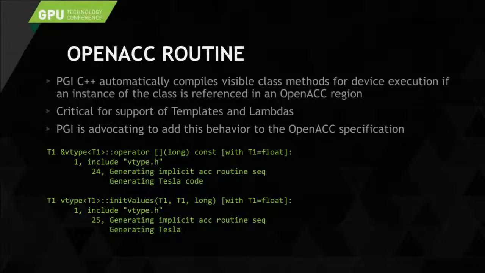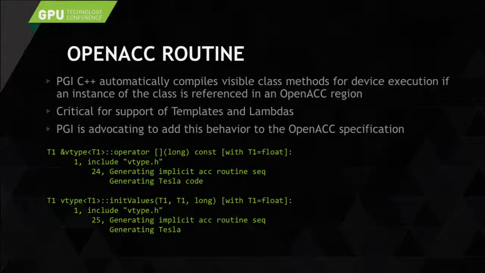One of the convenience things that the PGI compiler does, this is not expressed in the standard itself, is that if we see that you are calling a function from within a compute region in your class, and we have visibility to the definition of that function, we will automatically create the routine for you.